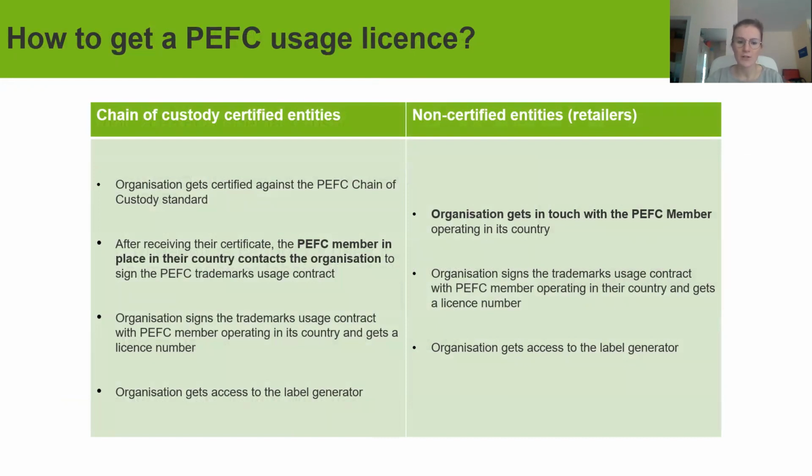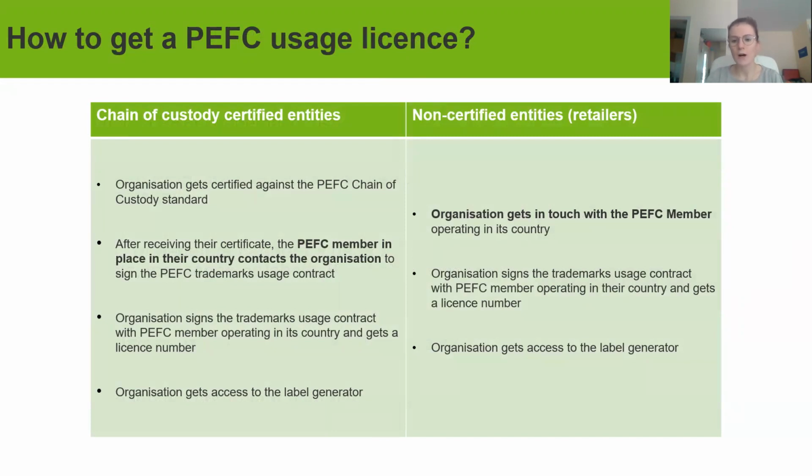Once the organization signs the PFC trademarks usage contract with the PFC member, it will get a license number. And after that, the organization will be given access to the label generator and will be able to start using the PFC labels and logos. For non-certified entities, they shall get in touch with the PFC member operating in their country as well.